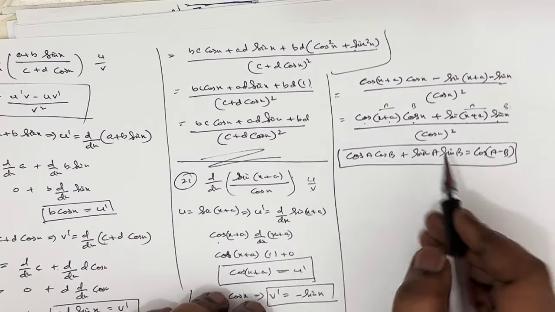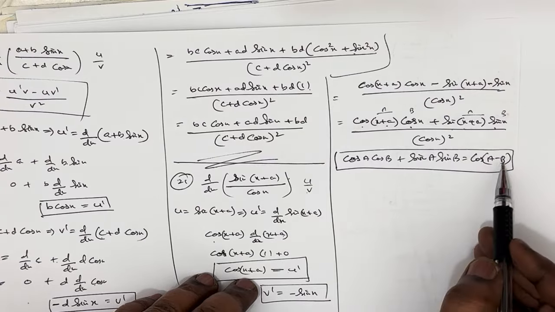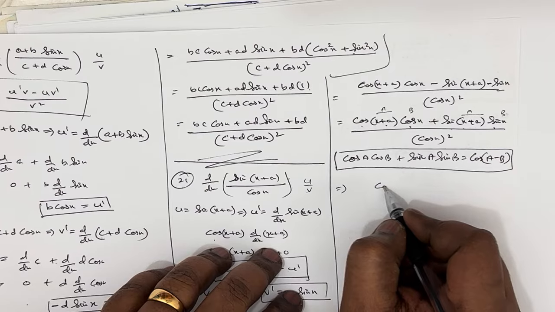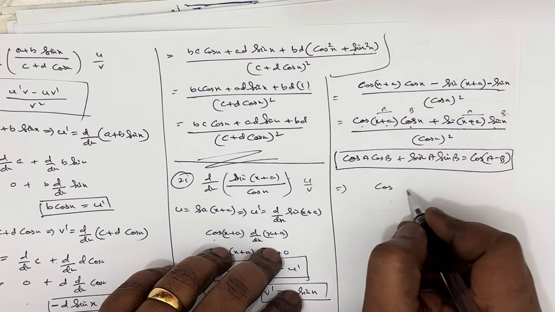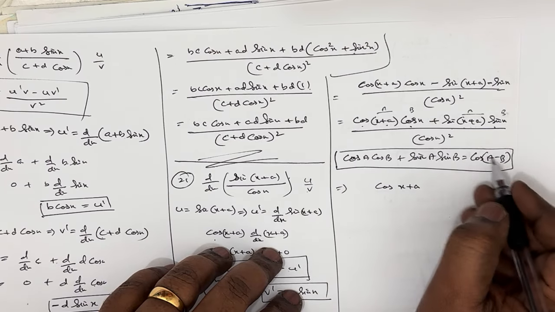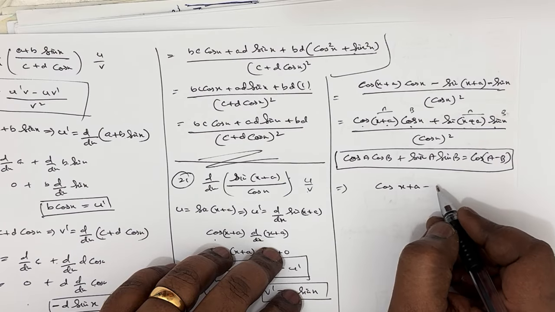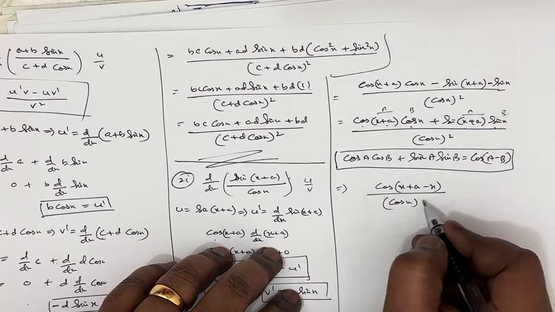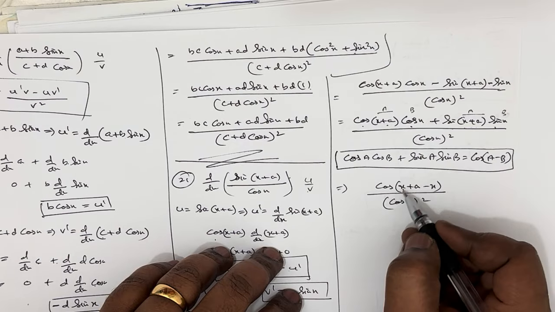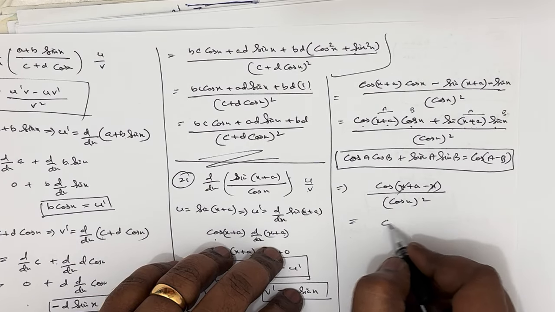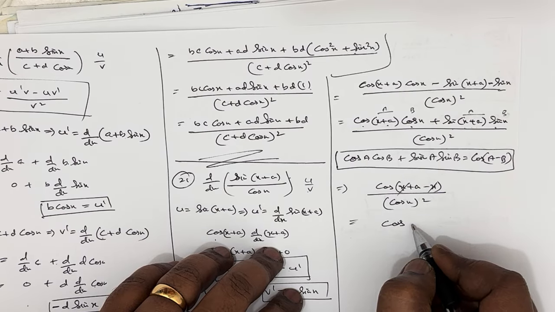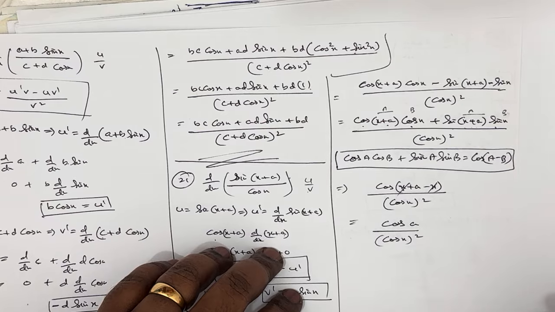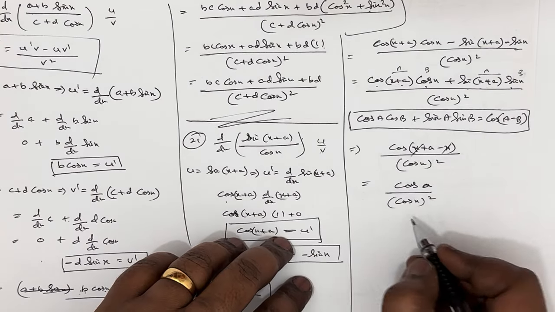So we can write this in the cos(A minus B) form. A is x plus a, minus B is x, upon cos x whole square. Now you see, positive x and negative x both get cancelled, so you have cos a upon cos x whole square. This is the answer.